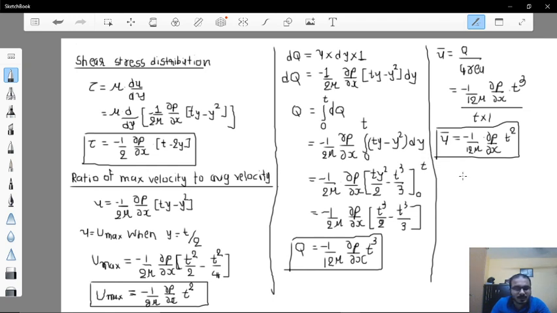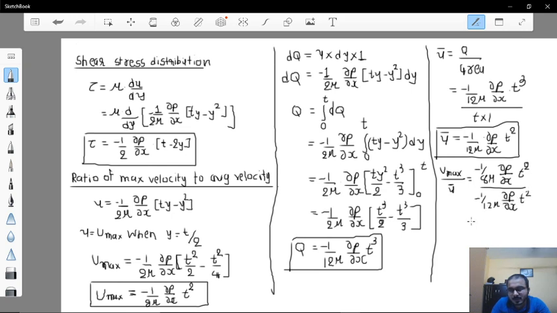So the ratio of maximum velocity to average velocity, U max upon U bar, is equal to minus 1 upon 8 mu del P over del X T square, divided by minus 1 upon 12 mu del P over del X T square.